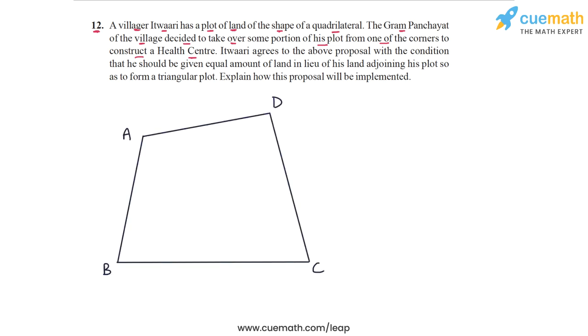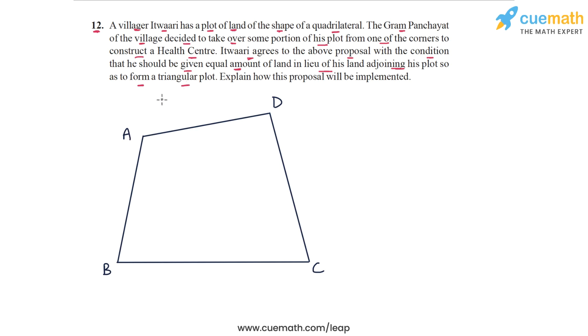So here's one example of a plot that I've drawn. It's in the form of a quadrilateral, and the Gram Panchayat wants to take some of this land from a corner to construct a health center. Now, Itwari agrees to the above proposal with the condition that he should be given an equal amount of land in lieu of the land being taken, adjoining his plot so as to form a triangular plot.